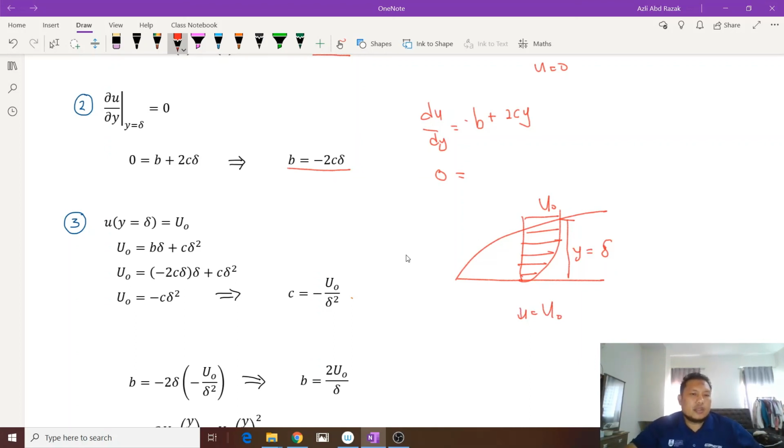So now we substitute in this equation u naught equal to b delta plus c delta squared. We already know that b equal to minus 2c delta, so we substitute it, and then we have u naught equal to minus c delta squared. Then from here, we got c equal to minus u naught divided by delta squared.